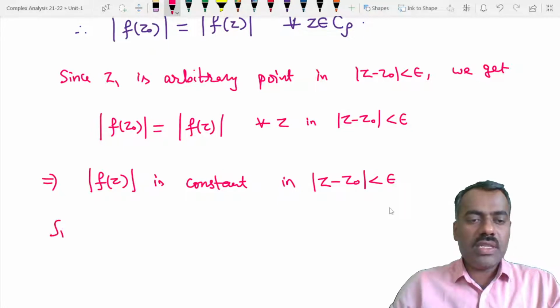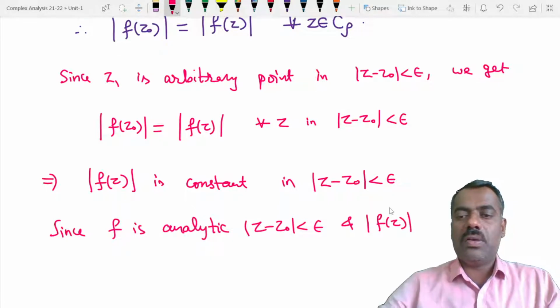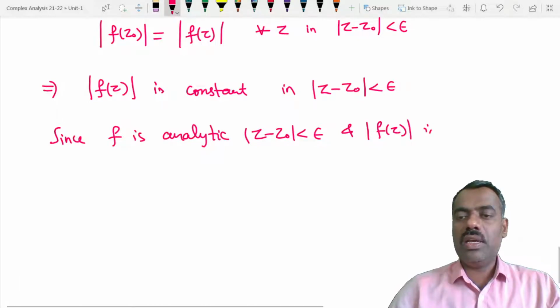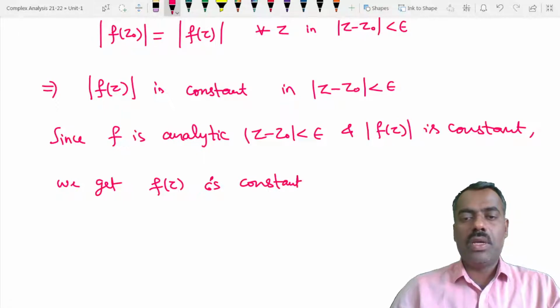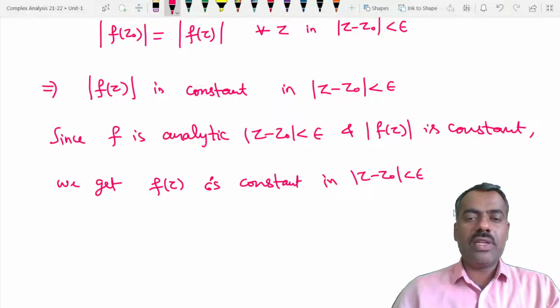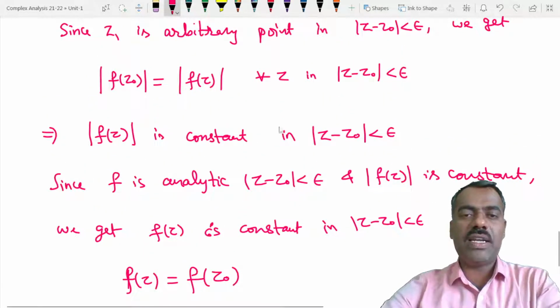Since f is analytic in mod z minus z naught less than epsilon and mod f of z is constant, what we get is f of z is also constant throughout this neighborhood mod z minus z naught less than epsilon, okay. And not only is this constant, this f of z value should be equal to f of z naught, because modulus of f of z is equal to modulus of f of z naught for every z in it.